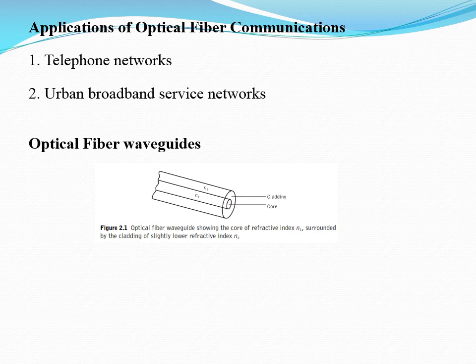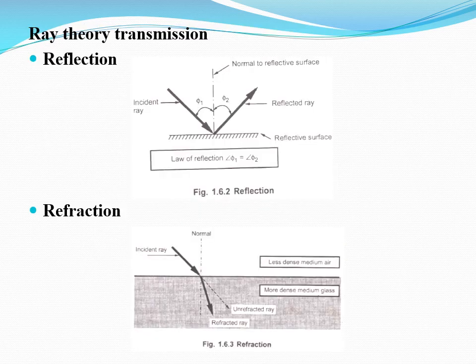For efficient light propagation in a fiber, N1 should always be greater than N2. That is, the refractive index of the core should always be greater than the refractive index of the cladding.